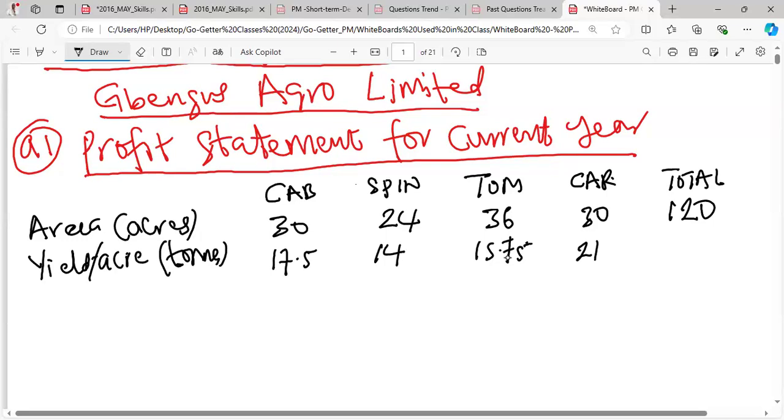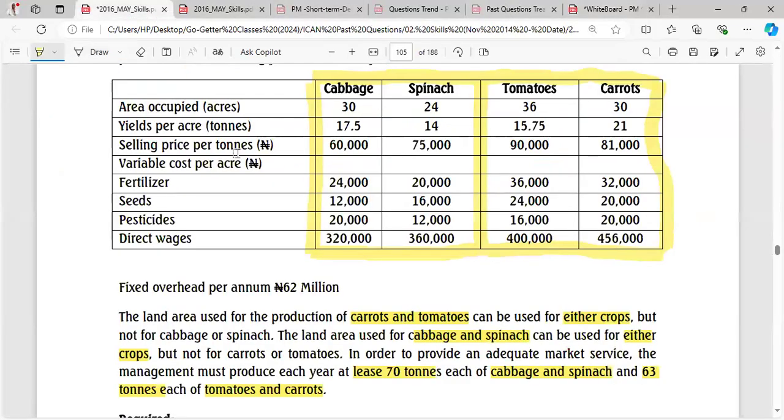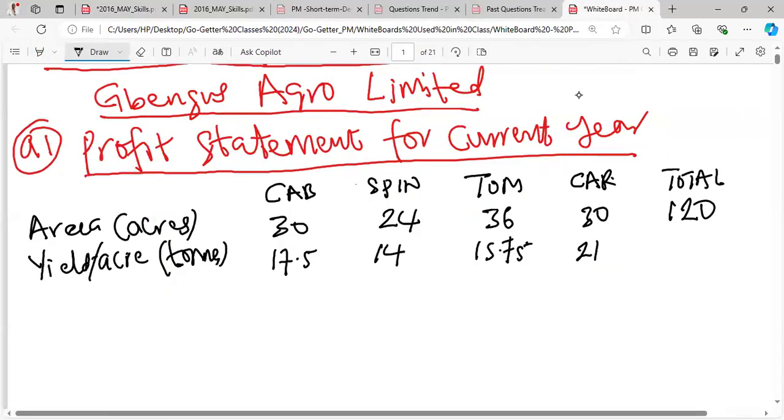So this is yield per acre. Let's multiply this yield per acre with the selling price to get our revenue for now.